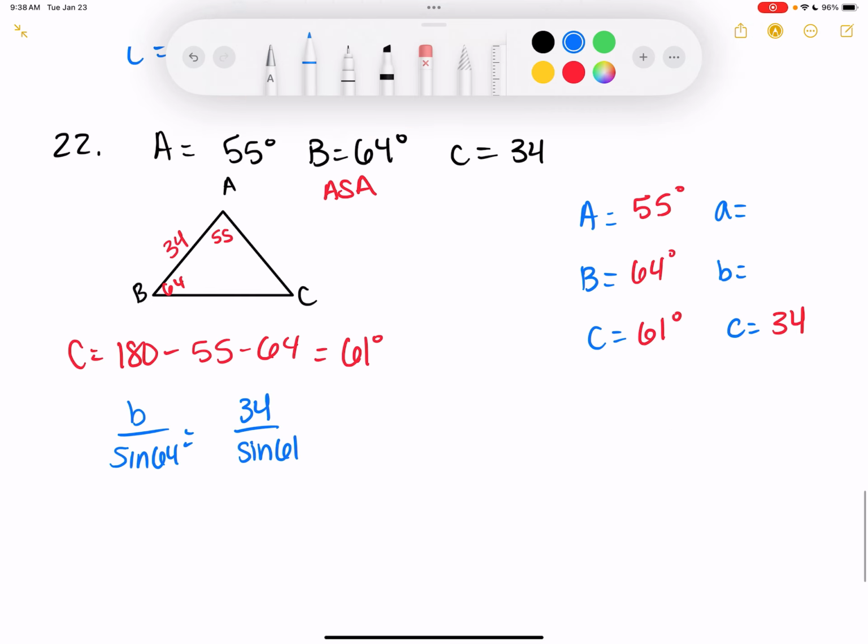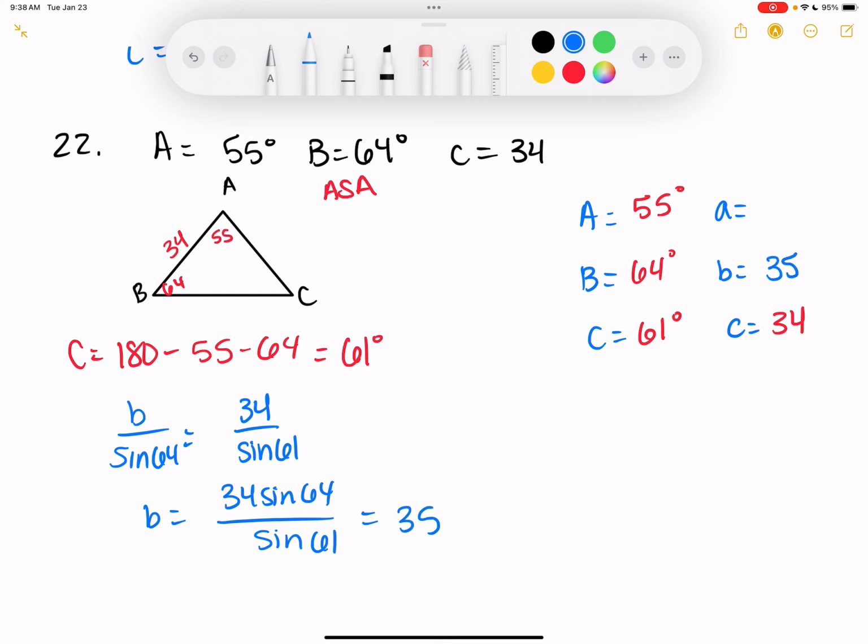So B is 34 sine of 64 over the sine of 61. 35.